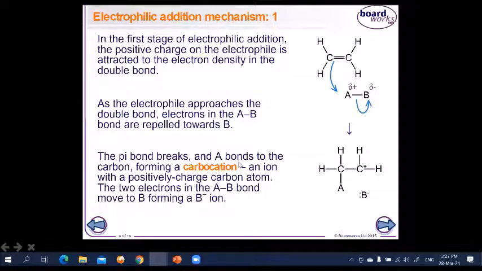And we have to refer to this carbocation, okay? That's basically a carbon that ends up having a positive charge. It's an ion with a positively charged carbon atom. And the two electrons in the AB bond move to B, right here, and it creates a B minus ion.